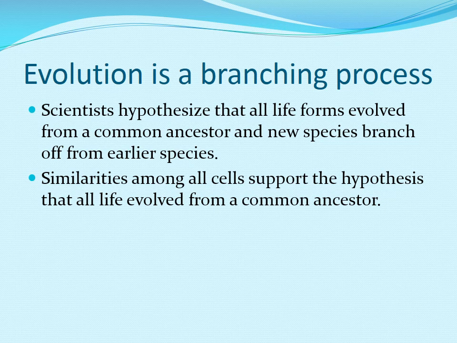Scientists can look at cells as an indicator for common ancestry, because cells all have certain things in common, and that supports that all cells may have come from one primordial, ancient cell that gave rise to everything. Because basically all cells have a similar cell membrane and structure.